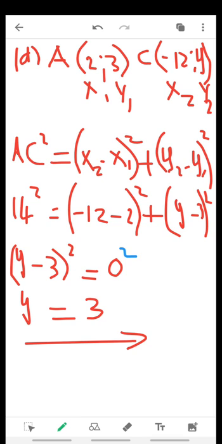Substituting, it was 14 squared equals (negative 12 minus 2) all squared plus (y minus 3) all squared. When you look at minus 12 minus 2 all squared, that is minus 14 all squared. If I transpose it, I get 14 squared minus 14 squared, which is 0.